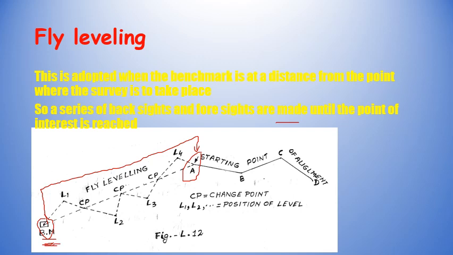If we are constructing a house somewhere very far in the village, we can't keep on referring to the benchmark somewhere in the town, so we connect this benchmark to our temporary benchmark at the site, where we shall be able to refer when we are doing our leveling work.